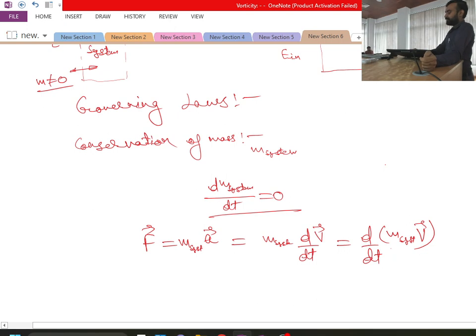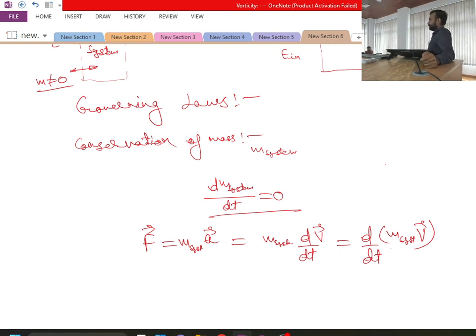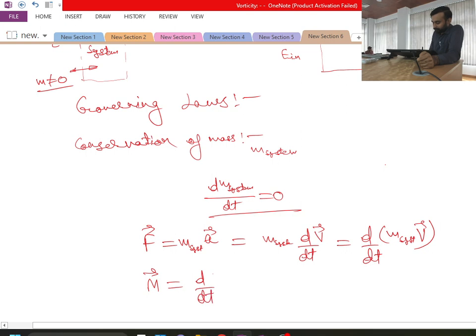Okay, so that is nothing but the rate of change of linear momentum. Fine. Similarly, if I want to calculate moment, torque, then the moment vector will be equal to nothing but the rate of change of H. What is H? Angular momentum.